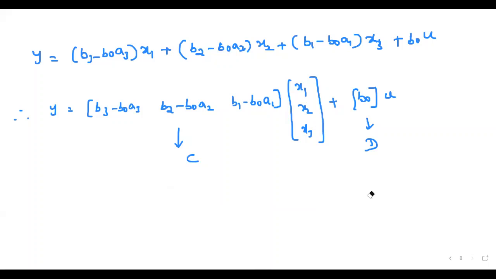Now for these two equations, we will draw the state diagram. This is the output equation. For this state diagram, I'll put a node at the input side, called U, and at the output another node called Y. In the middle, how many nodes there are depends on the state variables.